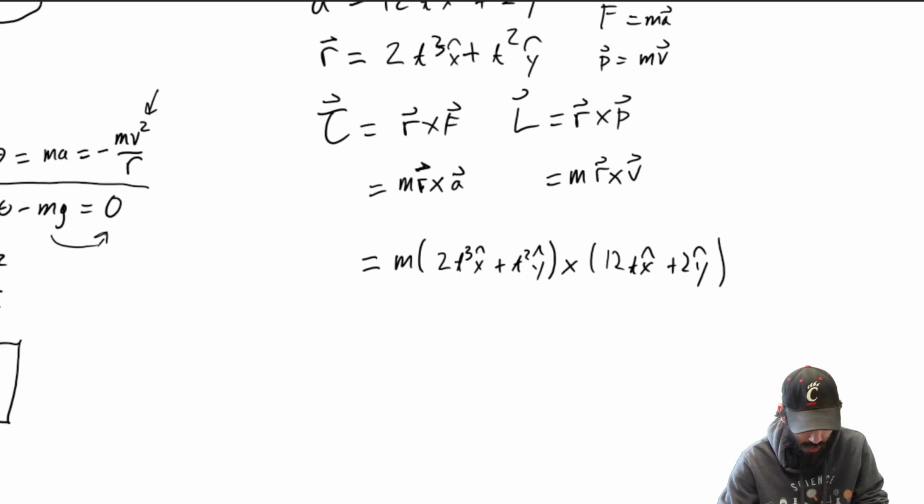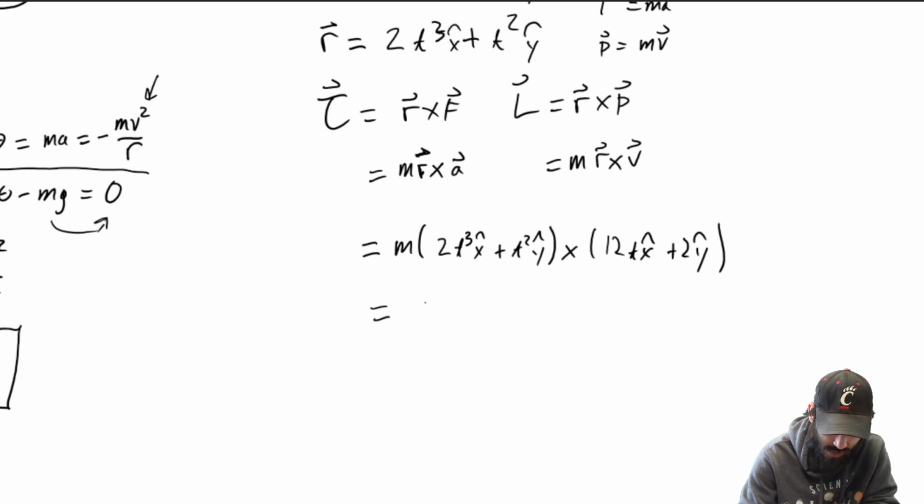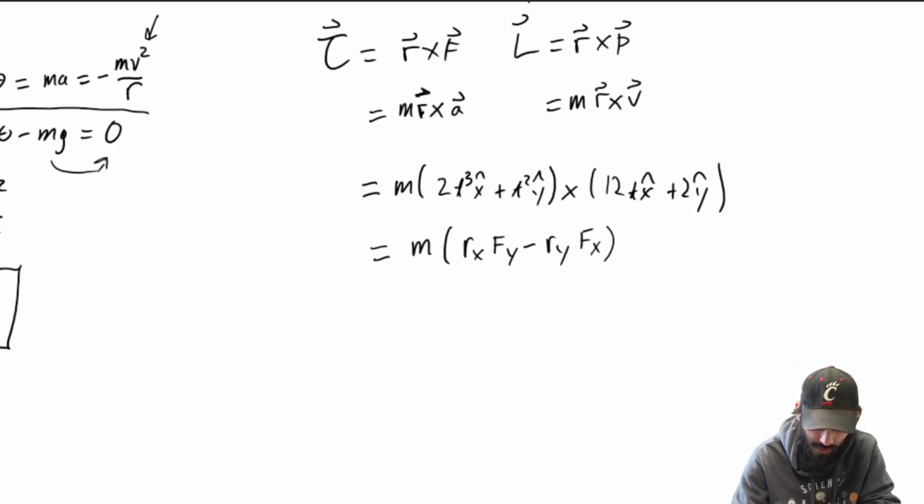Okay. We could FOIL this out, or we can remember the formula I showed you in one of the previous videos, that this is just M times Rx Fy minus Ry Fx. You could do either one. I'm going to go for the foiling here.